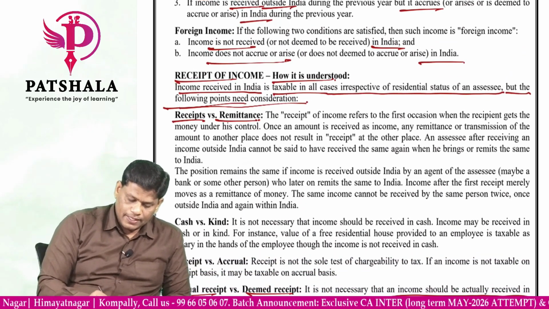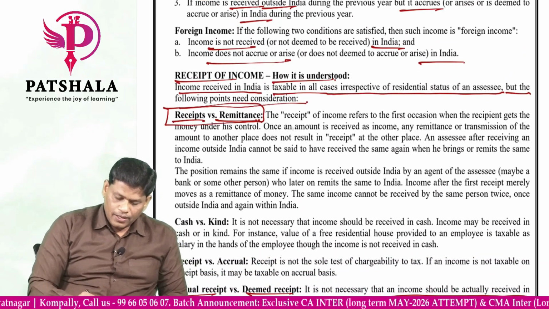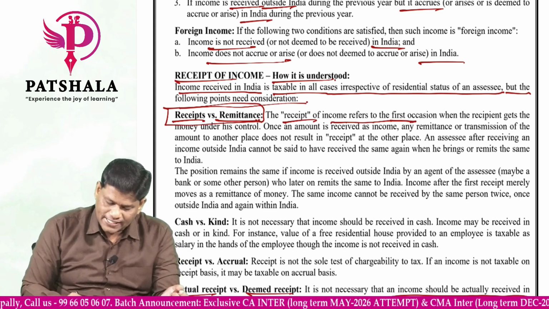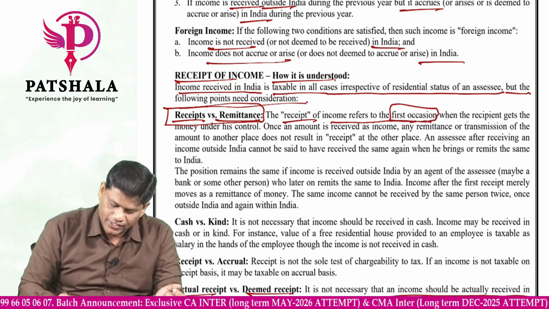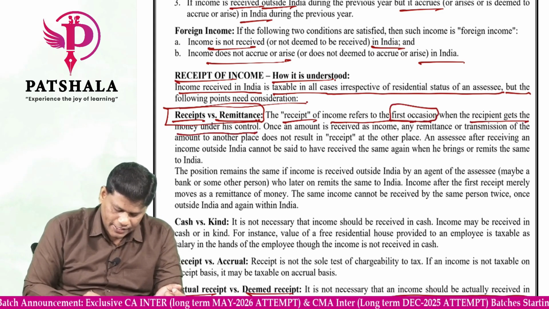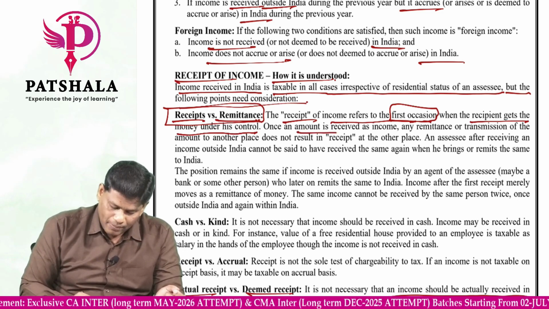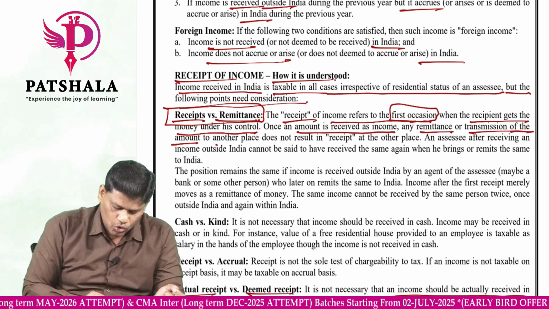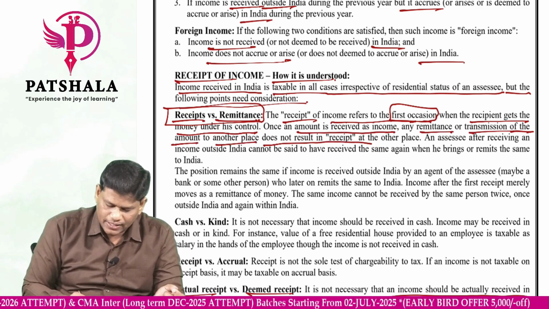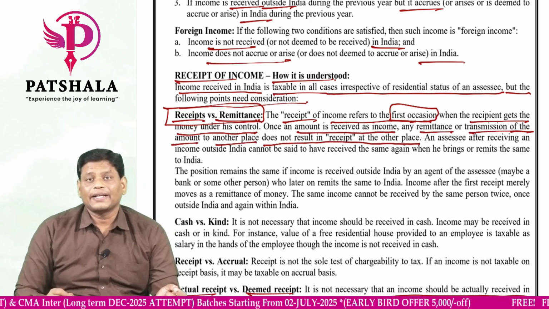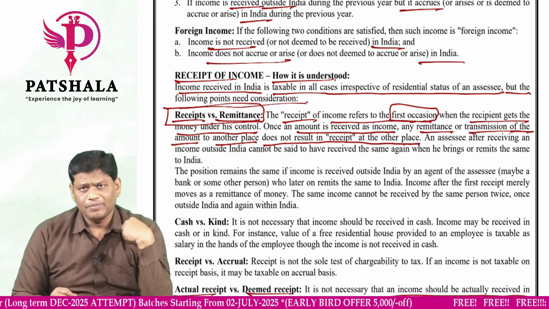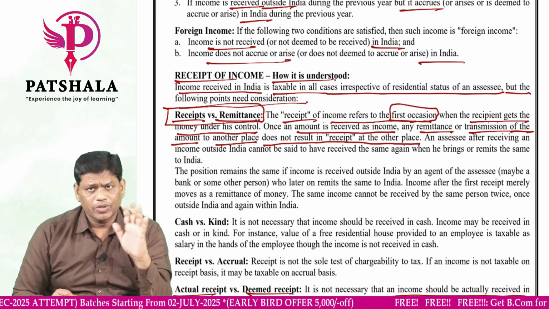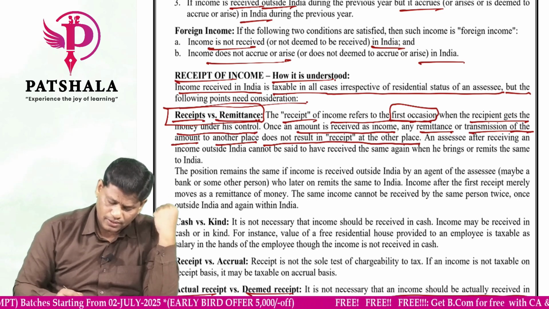Receipt versus remittance. A receipt of income refers to the first occasion, understand this word, first occasion, where the recipient gets money under his control. Once the amount is received as income, any remittance or transmission of the amount to another place does not result in a receipt at the other place. So once you receive for the first time, only then it is income; further transfers are not your income.